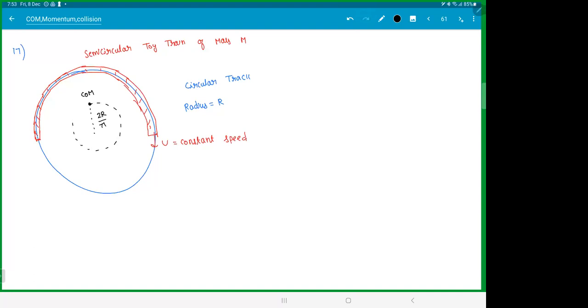So what is same for the train and the center of mass? Yep. Center of mass moves in a circle with same omega as the train.